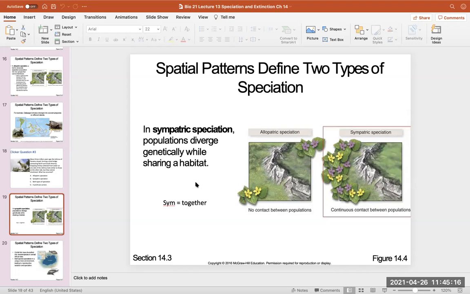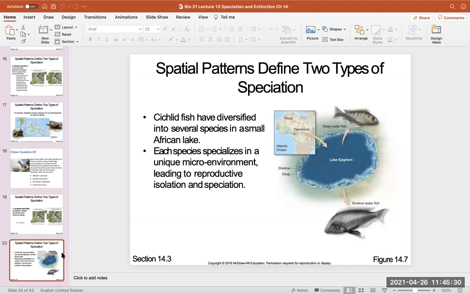Sympatric, they're living in the same space. There's no physical barrier, but they still don't reproduce together. So populations diverge while living in the same space. You guys remember that cichlid fish? Maybe because they feed on different food sources. This fish feeds on shallow water, and the other fish feeds on deep water.